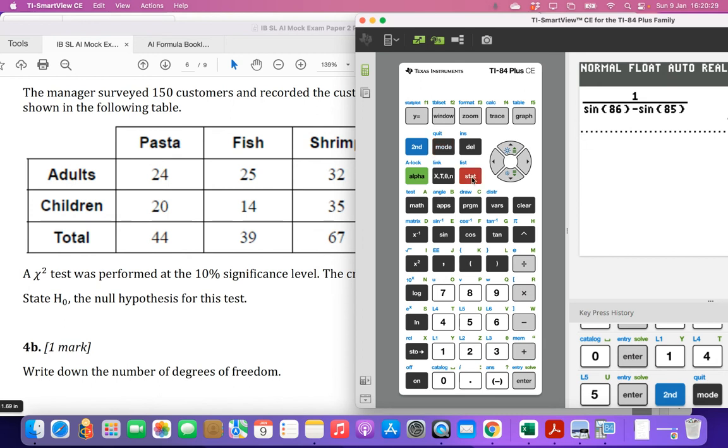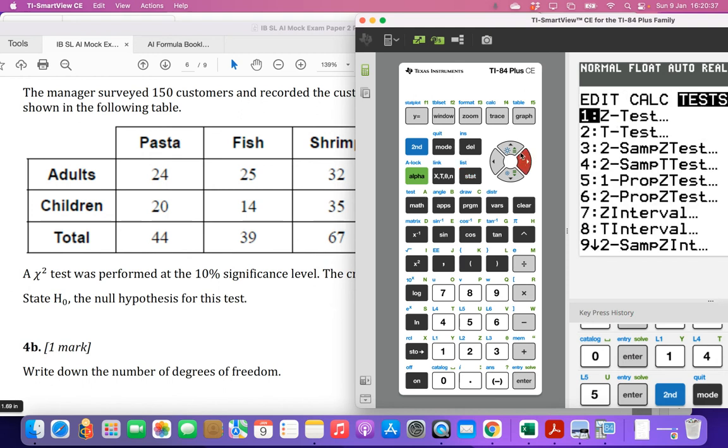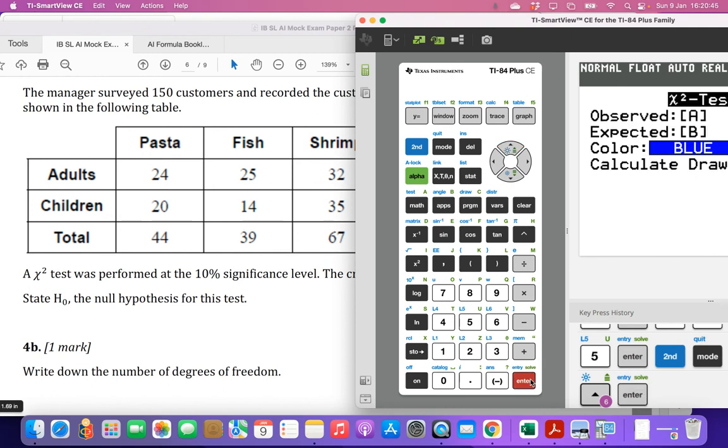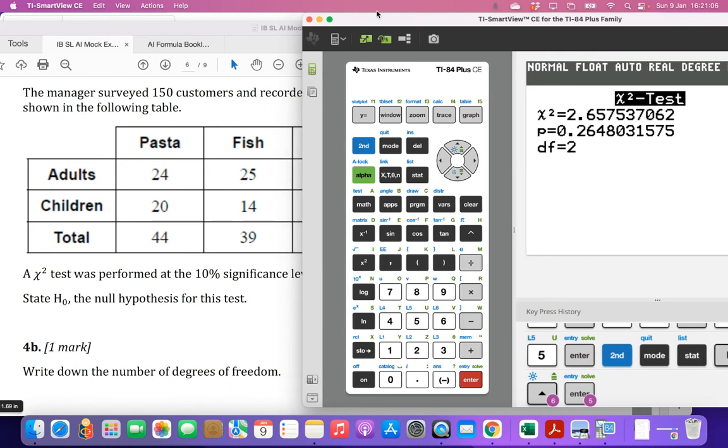Okay, so go to stat, calc, tests. And the chi-squared test is hidden in the bottom. And my observed matrix is what I just filled in. It will fill in the expected matrix for me and show me that the kids were expected to have about 21, and give me my chi-squared value and my p-value. Degrees of freedom is 2, as we calculated before.